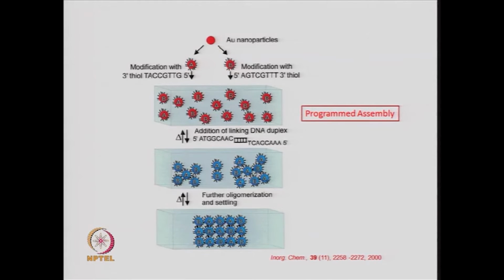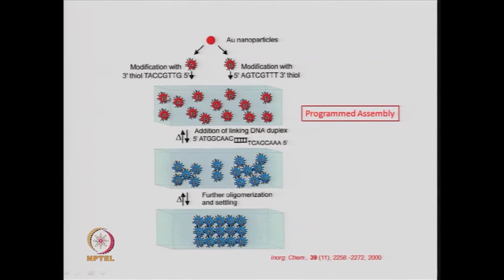Now, this thiol group, thiol groups prefer gold particles. So, wherever they will find a gold particle, this thiol group will get attached to the gold particle. So, this oligomer of bases through the thiol group gets attached to this gold particle, okay, and so it gets modified.